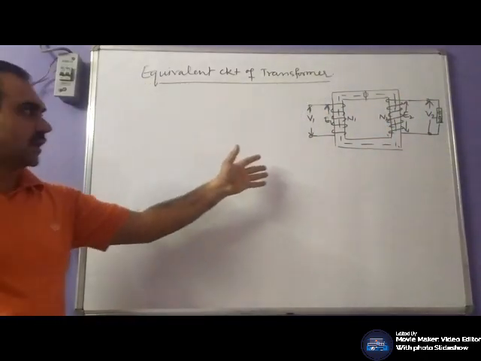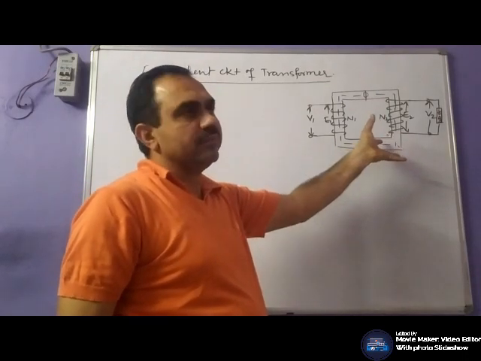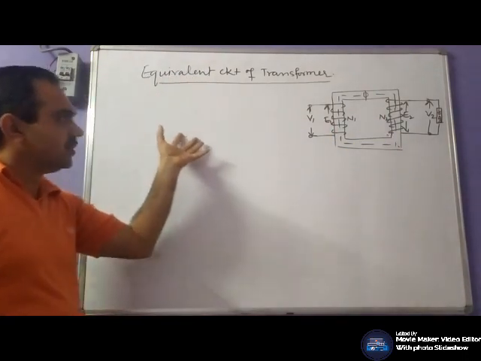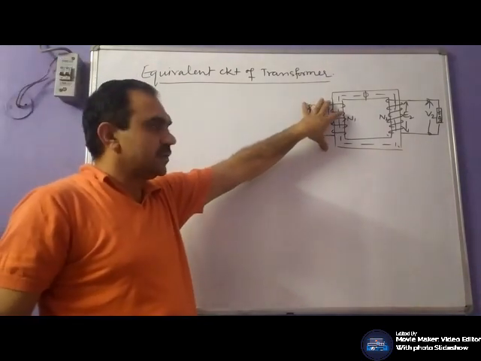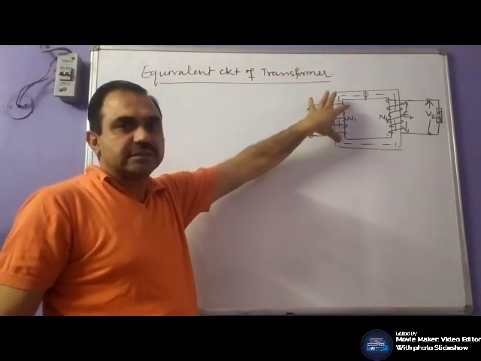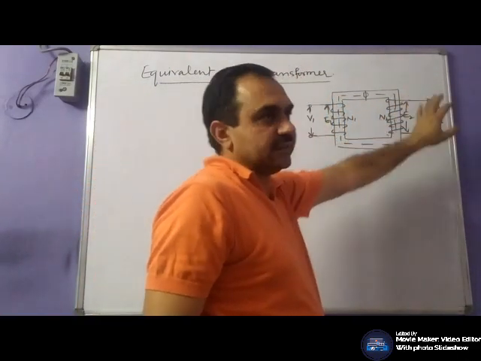Similarly, we draw the transformer diagram. This diagram can be converted into its equivalent circuit. The transformer has primary resistance and reactance, and secondary resistance and reactance.